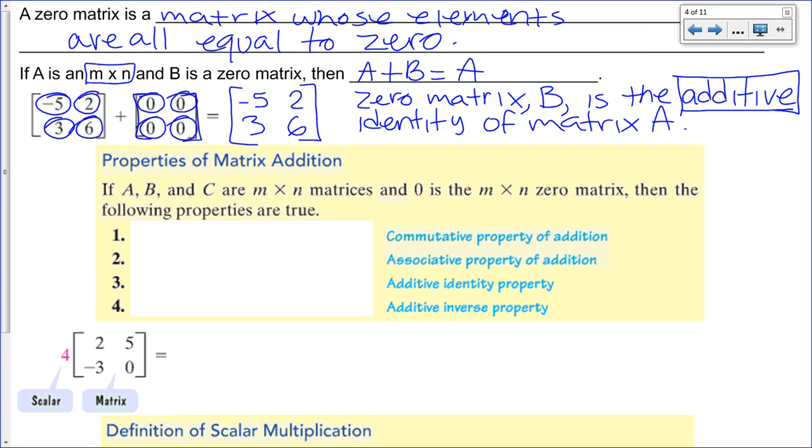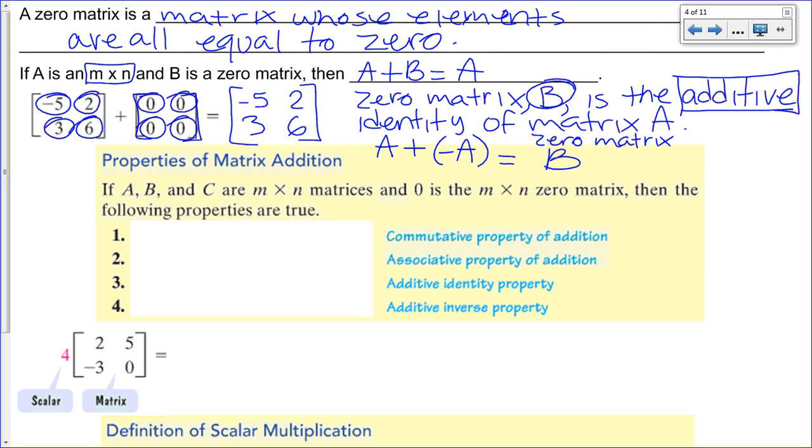So what we could say is that if we add matrix A plus matrix B, but now I'm not going to call it B anymore. Well, actually, yes, I'm sorry. So if we add that to this matrix, we will get the 0 matrix, which we're calling matrix B, right?